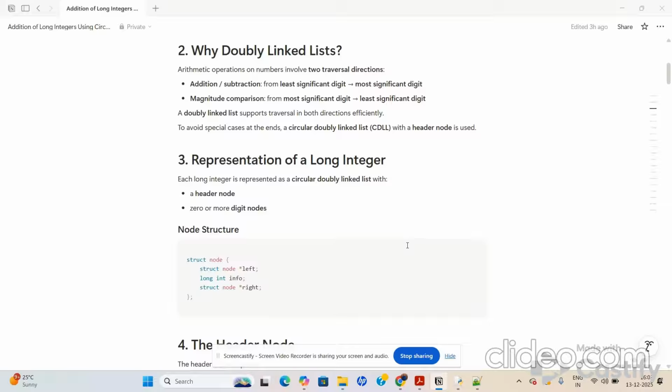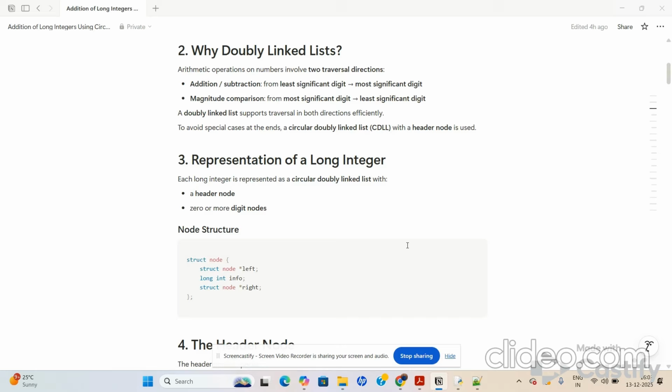So that is one type of traversal, going from LSDs to MSDs. Whereas in the second operation, the magnitude comparison, you move from the most significant digits to the least significant digits. So you're traversing both ways, okay?